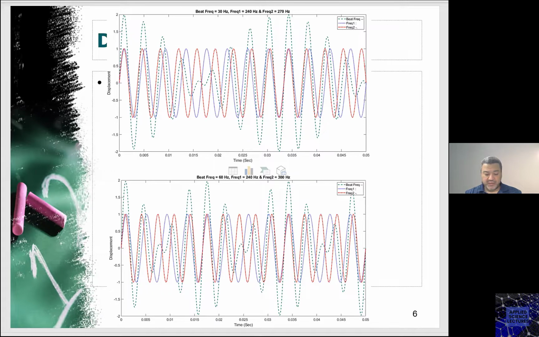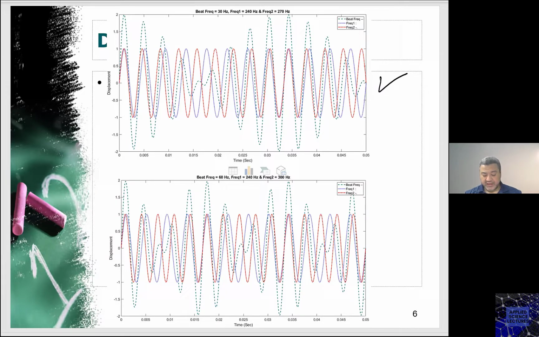Now let's look at those two examples. In those two examples here, we have two frequencies. The first one is 240 hertz, and the second one is a bit higher, 270 hertz. The beat frequency, the difference between both of them, is 30 hertz. So this is the first case.